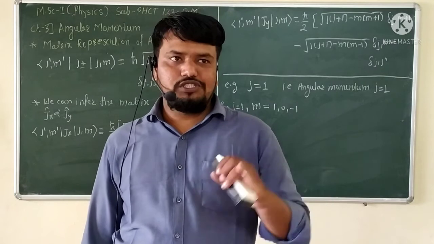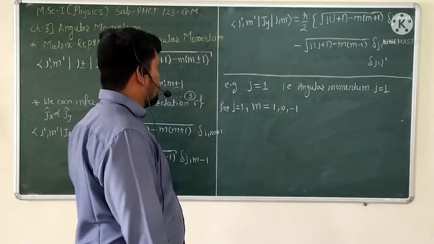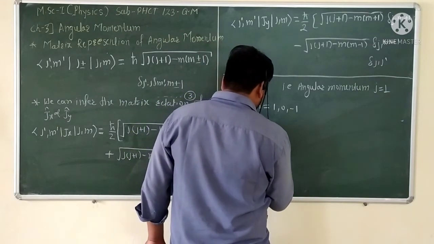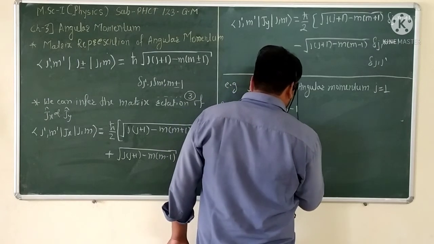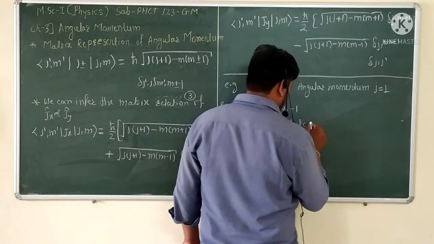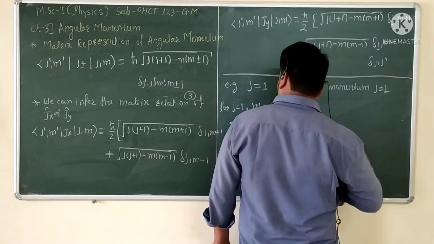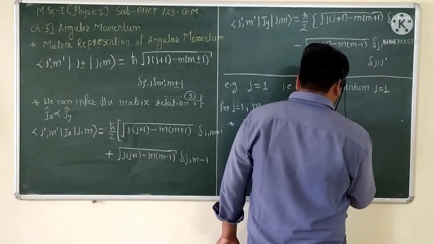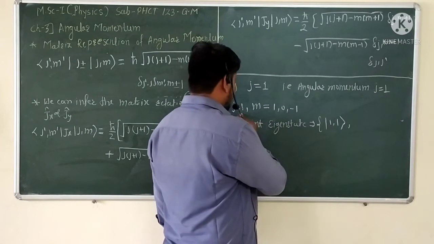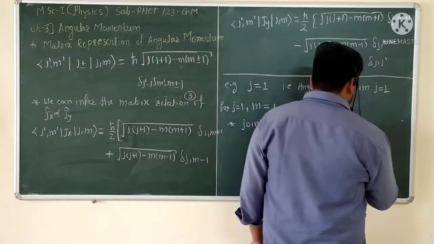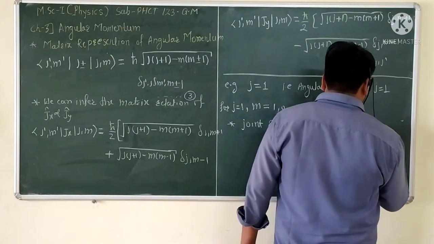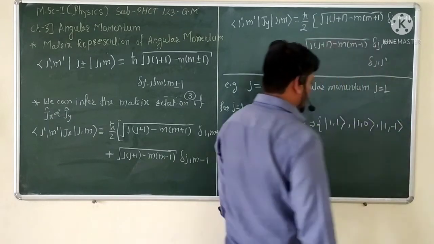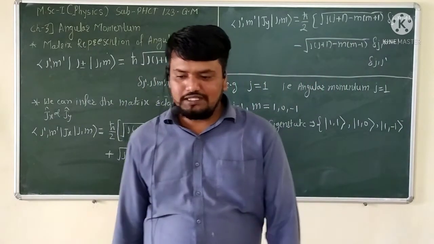If we see the joint eigenstate of the relation, this is nothing but j equal to 1 and m equal to 1, so |1,1>. Again j equal to 1 and m equal to 0, so that is |1,0>, and again j equal to 1 and m equal to minus 1. Okay, so this is the joint eigenstate.